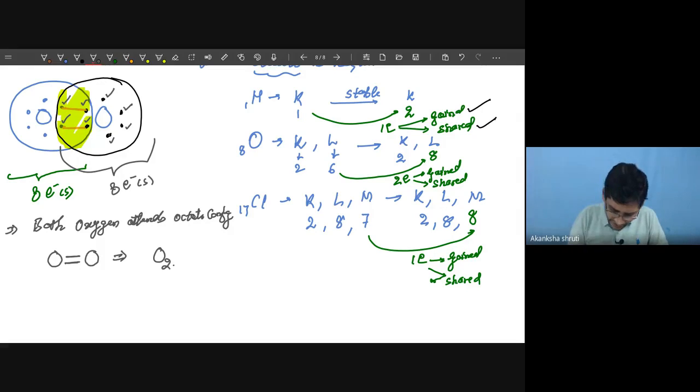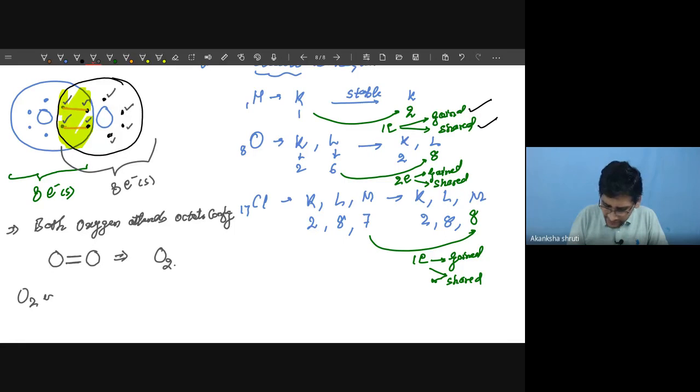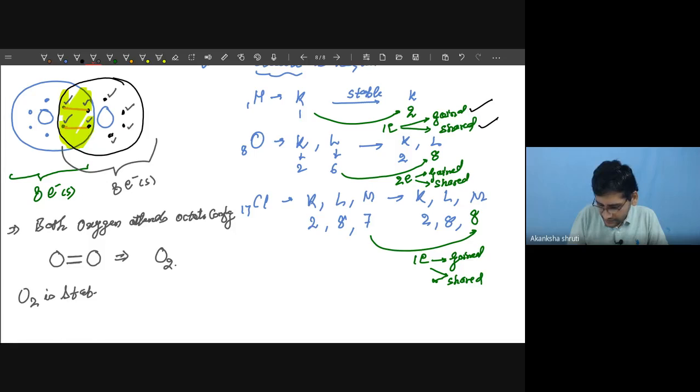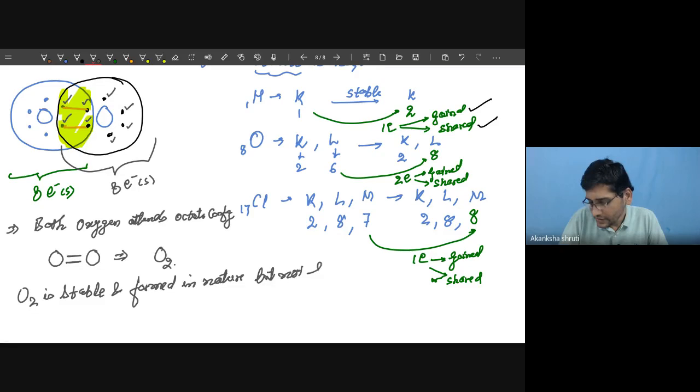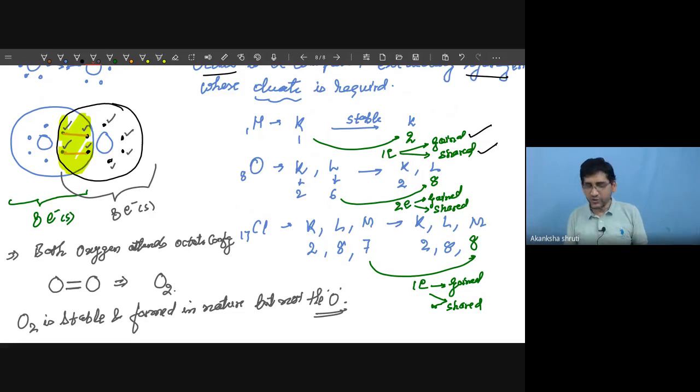So in this way, O2 is stable and found in nature, but not a single O. You cannot get a single oxygen atom in air, but you will always get it in the form of O2, because even if a single O is formed, it will quickly react with another oxygen atom to form O2.